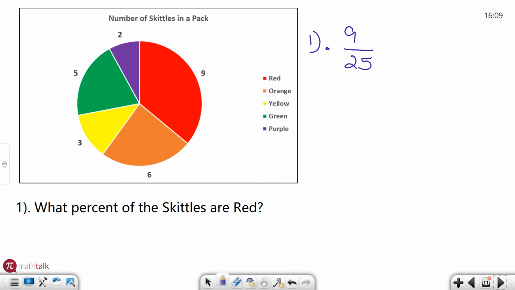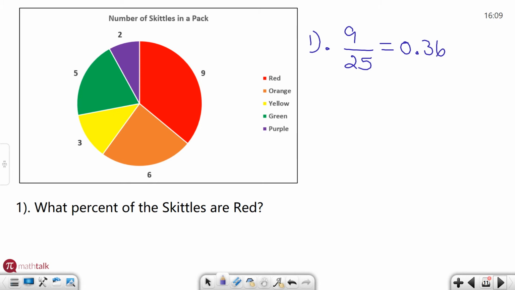So 9 out of 25, how do I turn that to a percentage? Well, there's a couple ways you can do it. One of the ways is you can type that as a fraction or division problem in your calculator, 9 divided by 25, and that'll get you a decimal, which I said in the last example, any decimal can be represented as a percent. 9 over 25 happens to actually be 0.36.